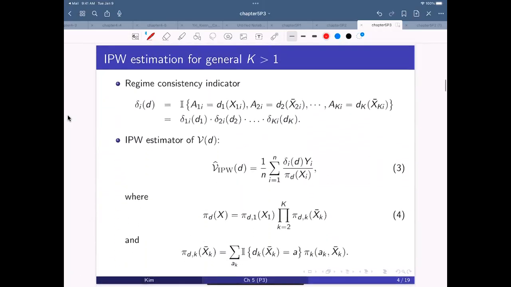Now, what about k greater than 1? Well, we'll generalize this concept. So basically we have multiple options, multiple times. For each time, we can construct the indicator. So A1 is equal to D1, A2 is equal to D2, but D2 actually uses the history.